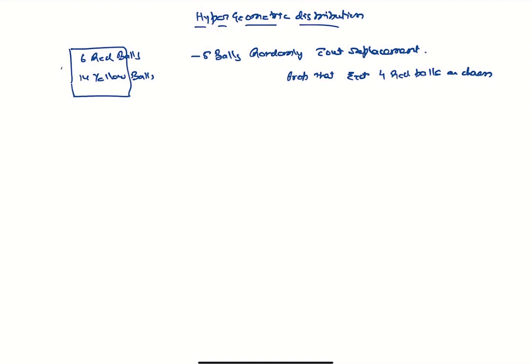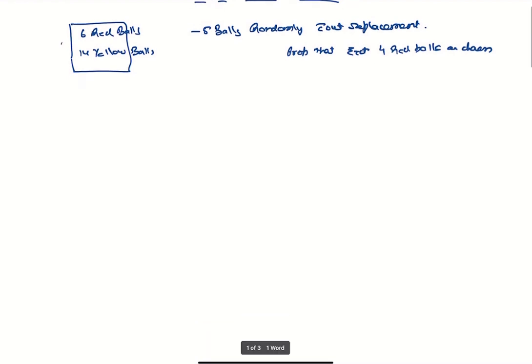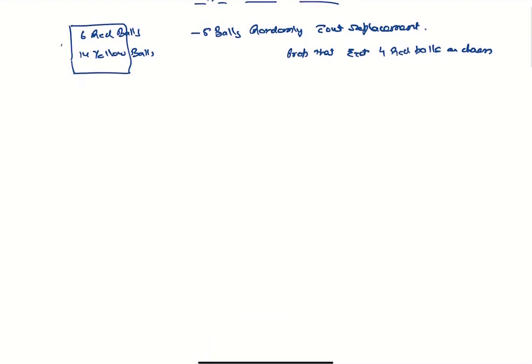However, if we are randomly selecting 5 balls, how do we solve this? If we are randomly selecting 5 balls, then any combination of 5 balls is equally likely.